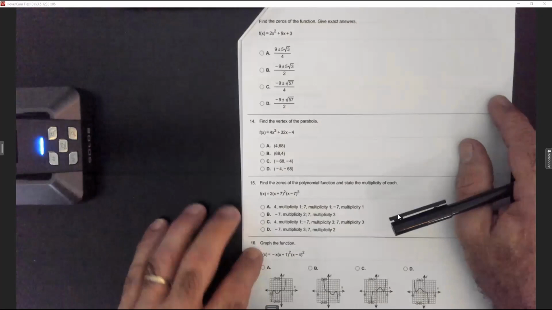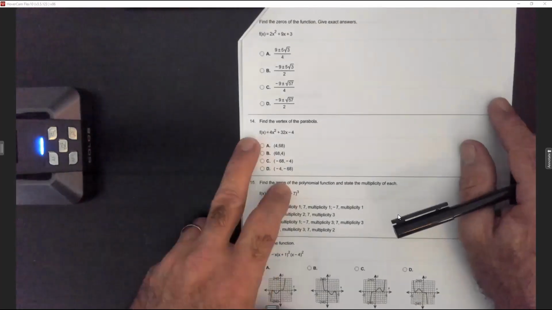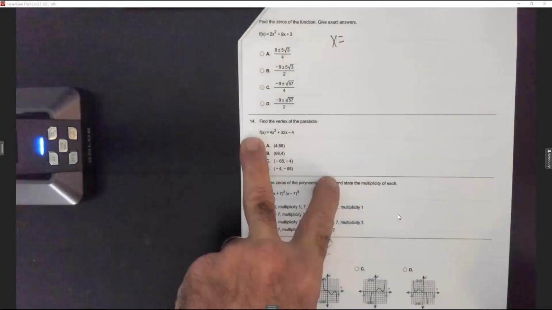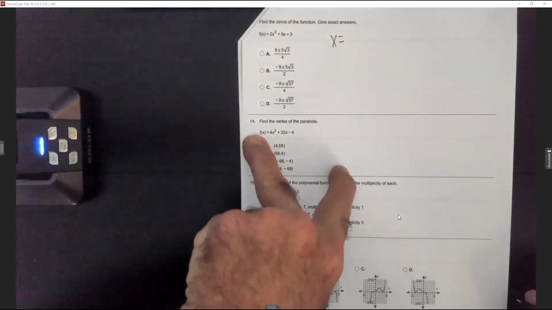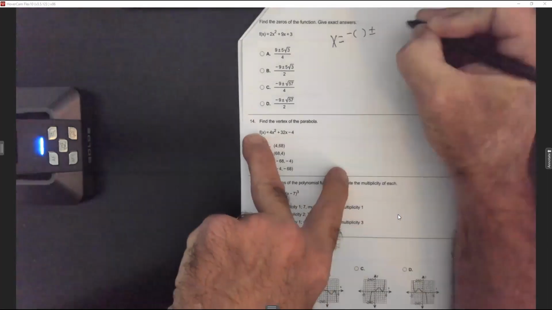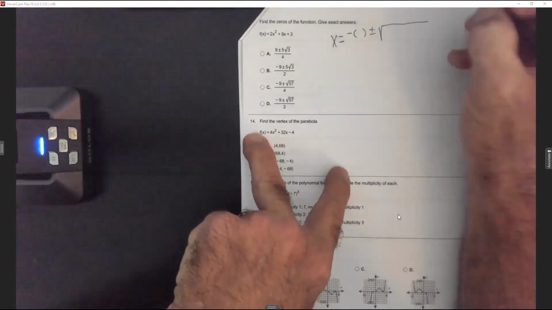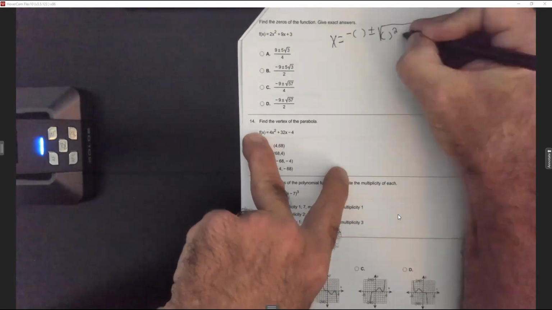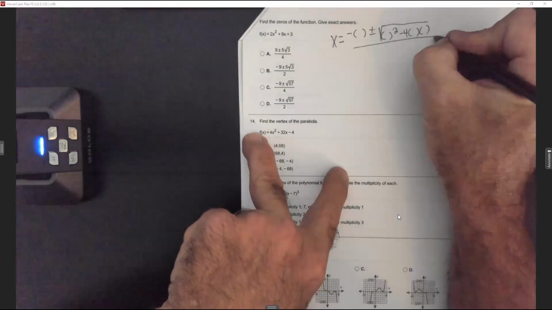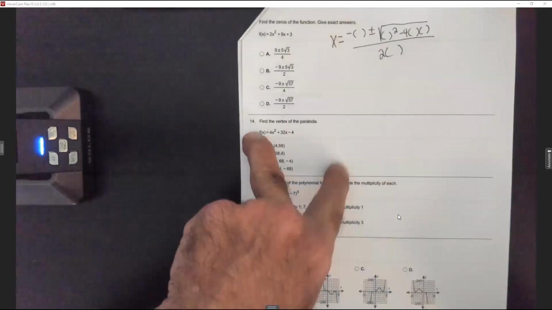All right, finding zeros. And you see all these answers got radicals. So I bet if you're going to do this by hand, you're going to use the quadratic formula, which is negative b plus or minus square root b squared minus 4 times a times c all over 2 times a.